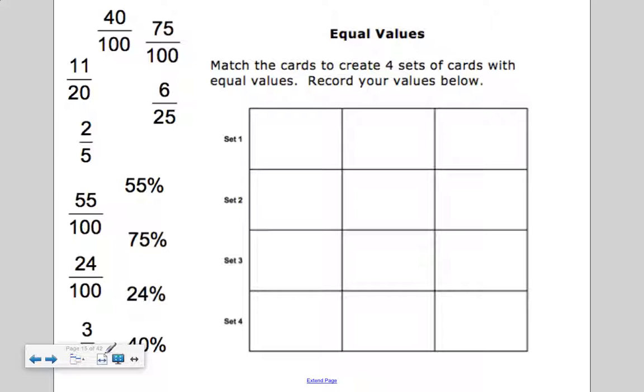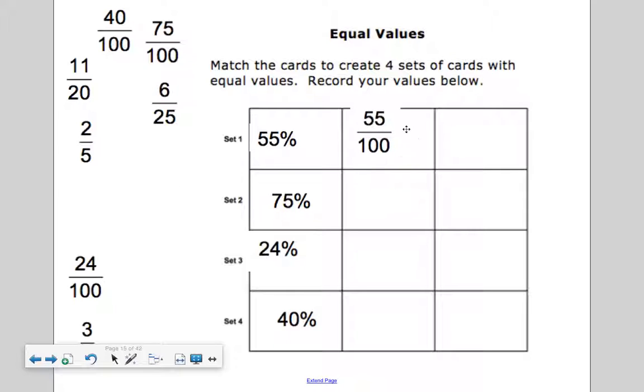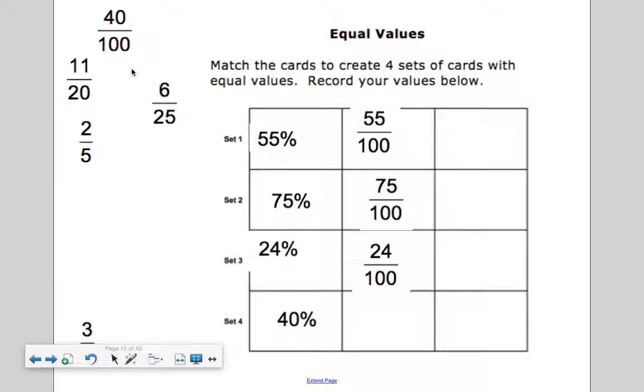So in this example, can you match things together? All right, let's see. Let's match. There's my arrow. Well, let's do 55%, 75%, 24%, and 40%. Well, this will be 55% means per 100. Per 100, 24 hundredths. Per 100, 40 hundredths.